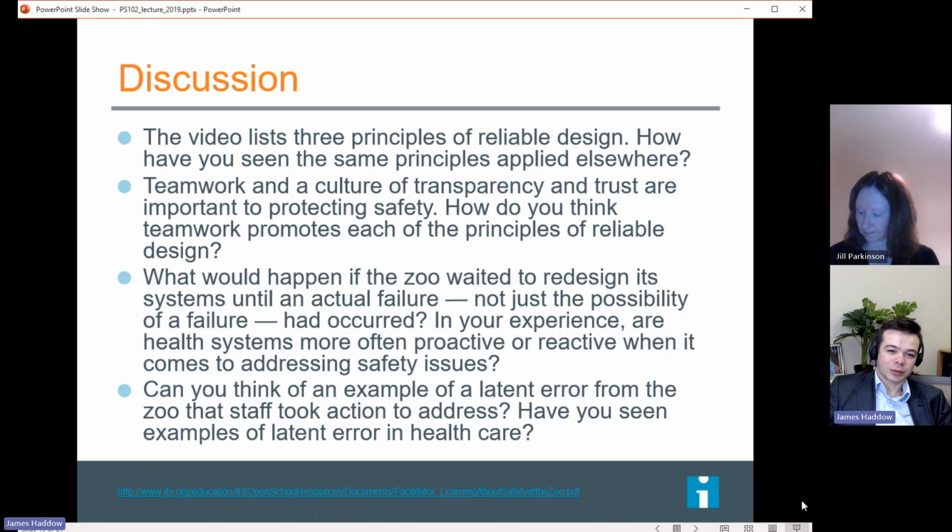So I guess one example of latent error in that zoo would be the bins that didn't have the plexiglass. So that was the actual environment. The bin itself created a specific area of risk, and then they addressed that by putting the plexiglass window in.